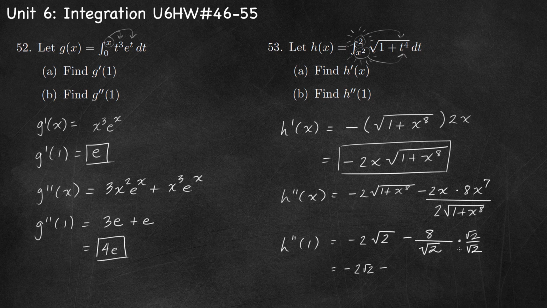So that's the only reason I'm doing this. Okay, so then on the top I have negative 8 root 2, and on the bottom we'll have 2, and 8 divided by 2 is 4, so that's going to leave us with minus 4 root 2. And negative 2 root 2 minus 4 root 2 is negative 6 root 2.